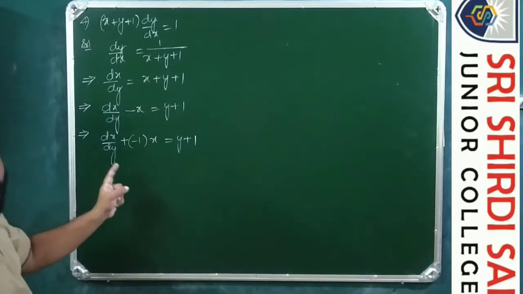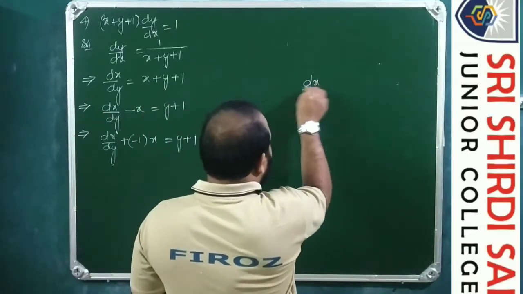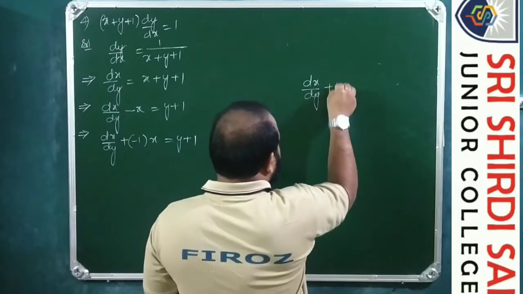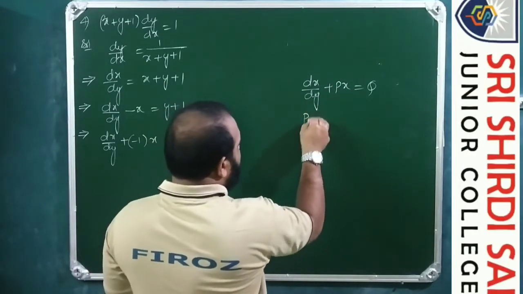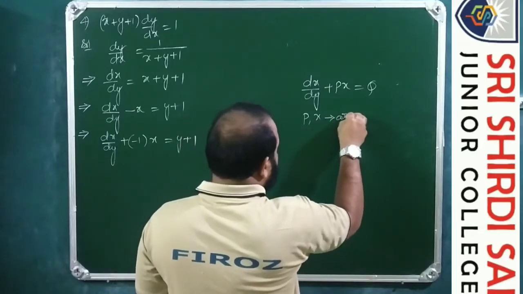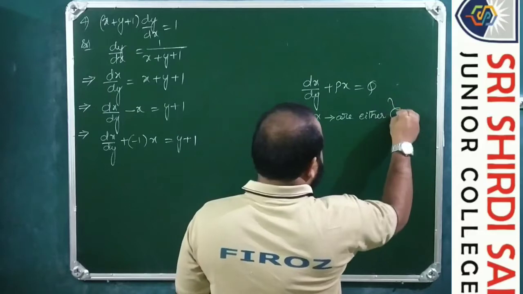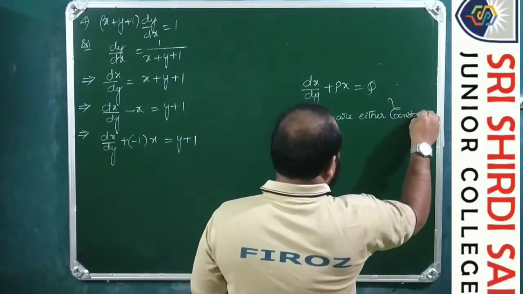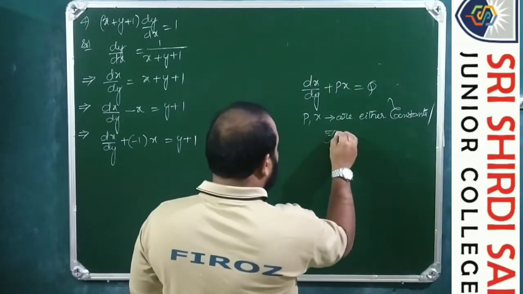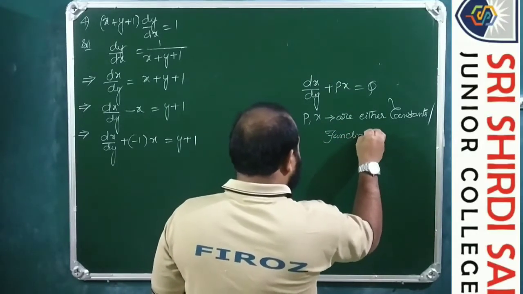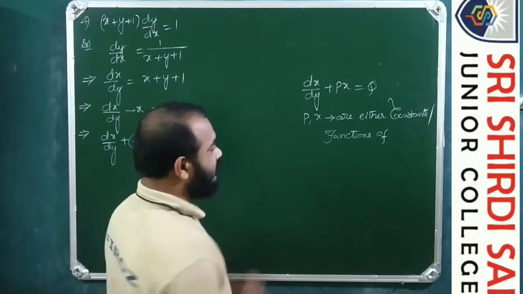So this is of which form? The second form. What is the second form? Dx by dy plus px equals to q, where p comma q are either constants or functions of the independent variable y.